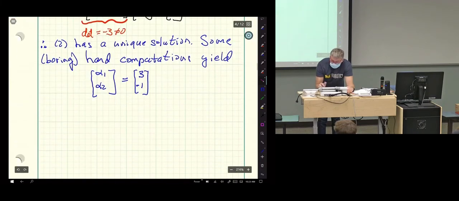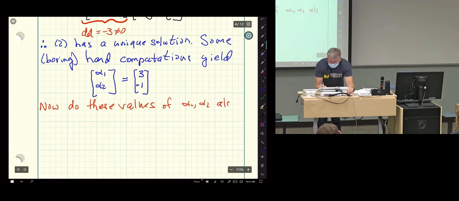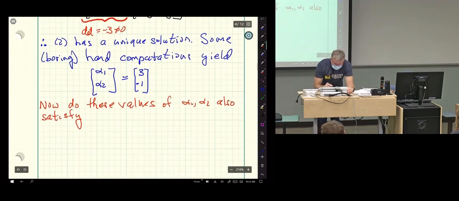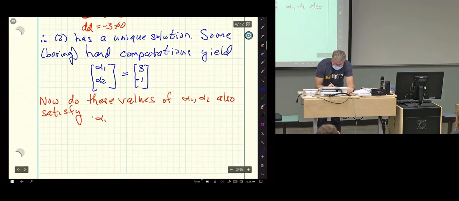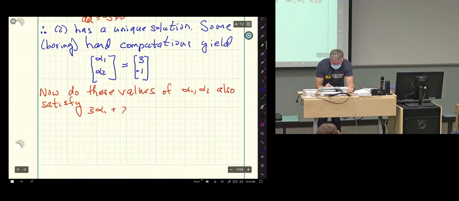So we must check, do they also satisfy our third equation, which was 3 alpha 1 plus 2 alpha 2 equals 3.